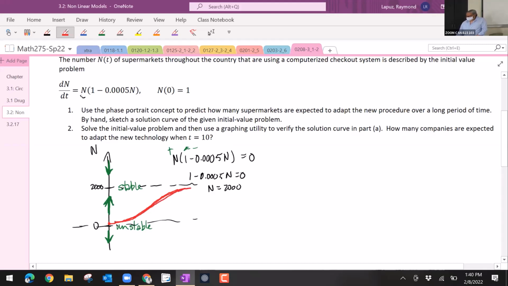And so based on this graph, it looks like in the long run, in a long period of time, they're going to be approaching 2000 as our ceiling.